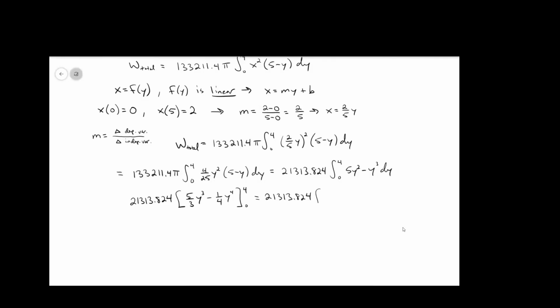So if I plug in 4, I get 5/3 times 4 to the third power. Let's go ahead and multiply that. I think I forgot the pi on there also. We just put pi on there.